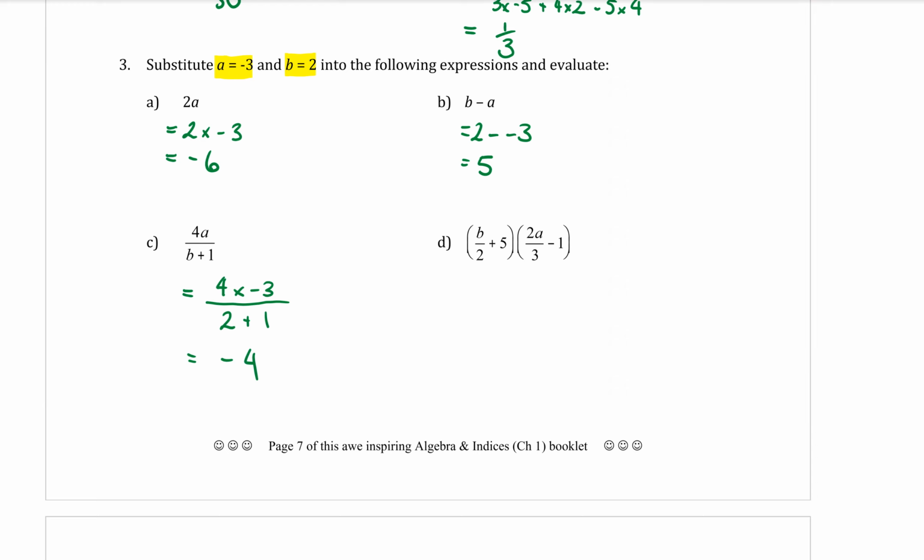Okay, don't be scared of the messy ones. Just keep to the process. Sub them in where the letters are. Use the brackets. So we've got bracket, B on the top. B is a 2. So I have 2 on the top, 2 on the bottom, and then it says plus 5. That was the first bracket. The second bracket says 2A, so that means 2 times minus 3, over 3 minus 1.